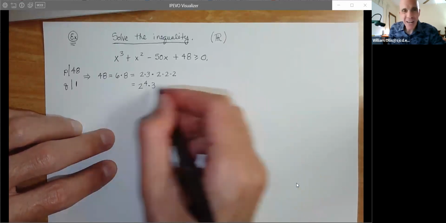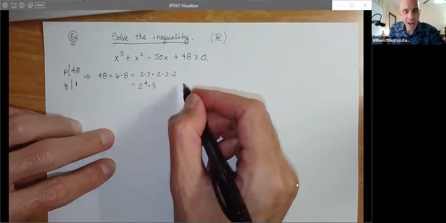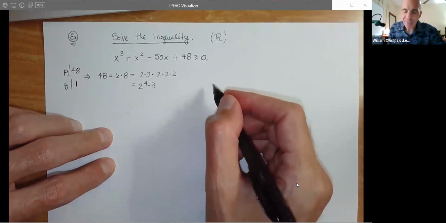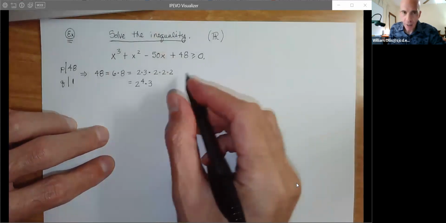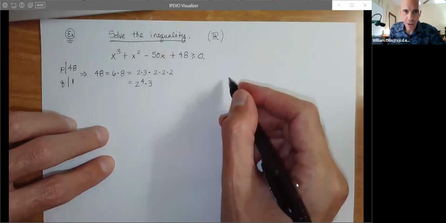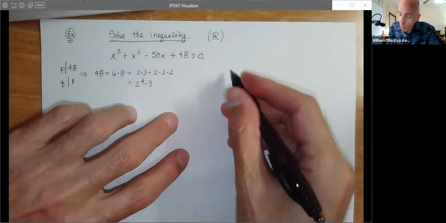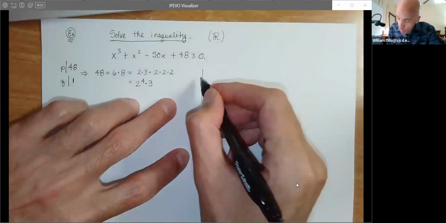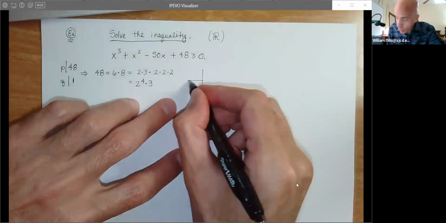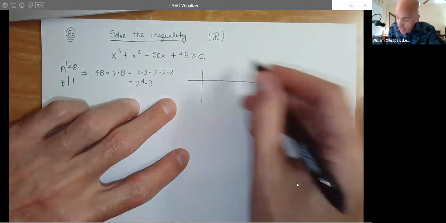So we've got a pretty big list, plus and minus. But we're thinking, this is a nice looking polynomial. We're not going to write down every possible one. So what I thought I would do, and this turned out to be one of those problems where you just get something that falls out of the sky.